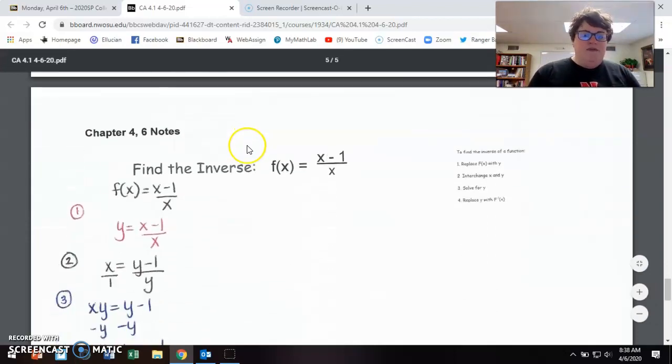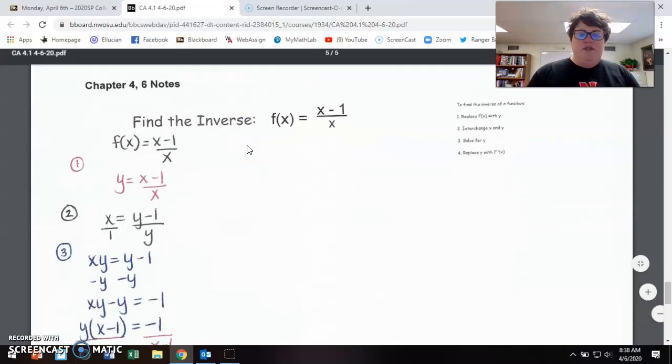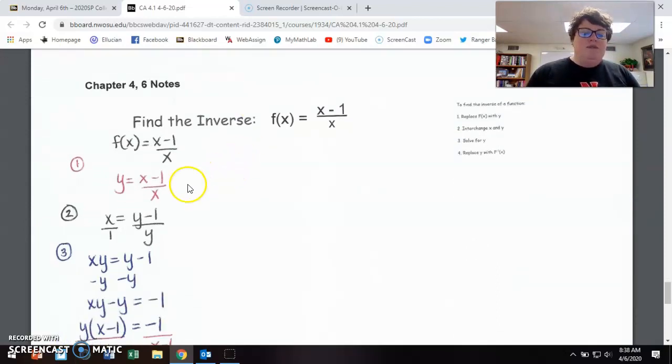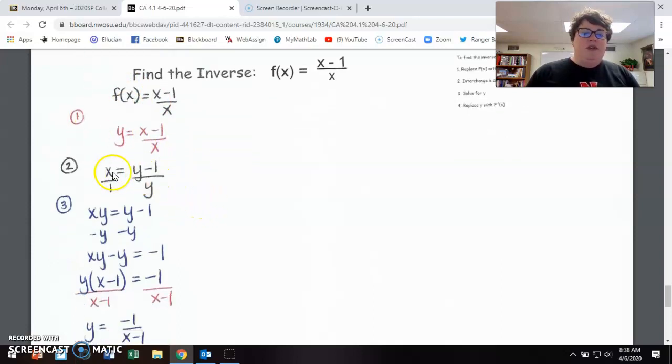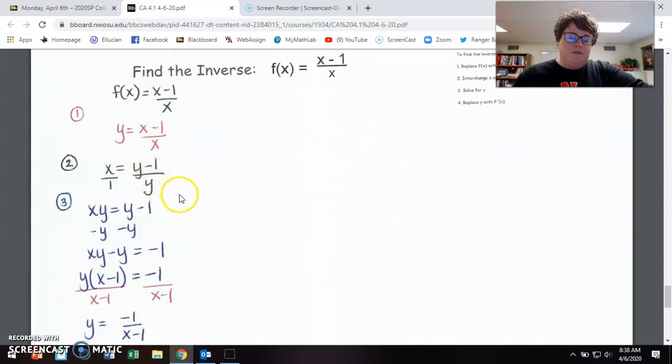Now the last one has a few more steps just because there are 2 x's going on. The steps are the same though, as far as the 4 steps. Step number 1, change f of x to y. Step number 2, interchange x and y. So y becomes x and both of these x's become y. That's what makes solving for y a little more difficult.